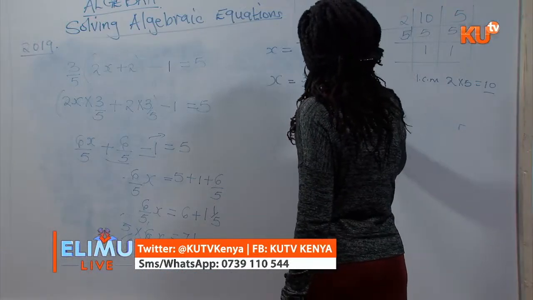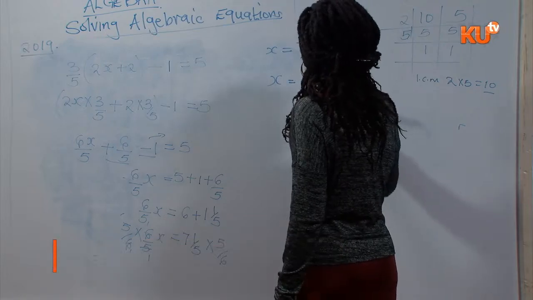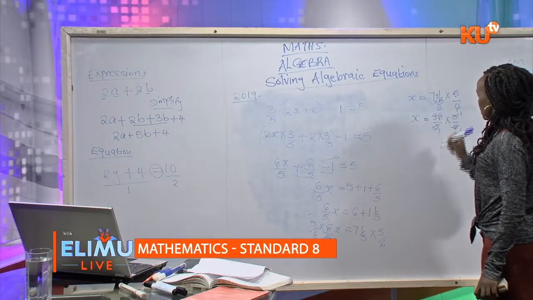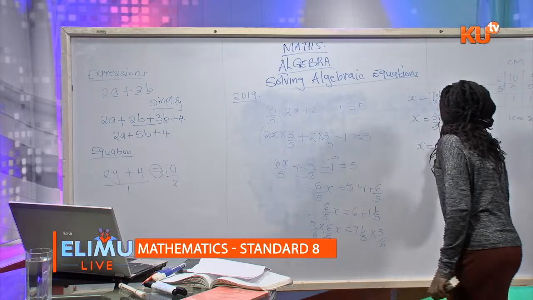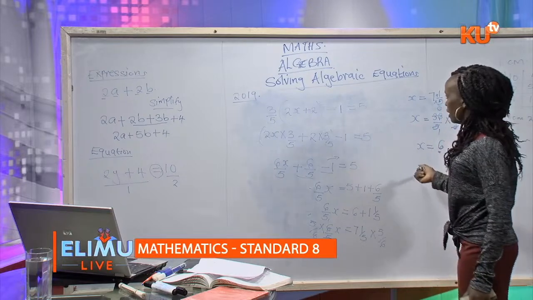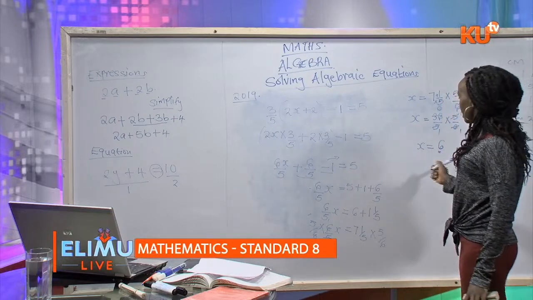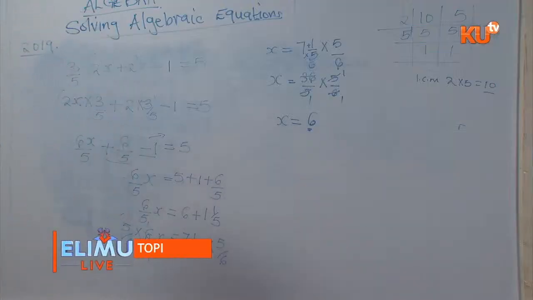We can simplify 5 by 5, 1, and 6 by 6, 1 and 6. So the value of our x is going to be 6. The question was to find the value of x, and we have gotten our x.